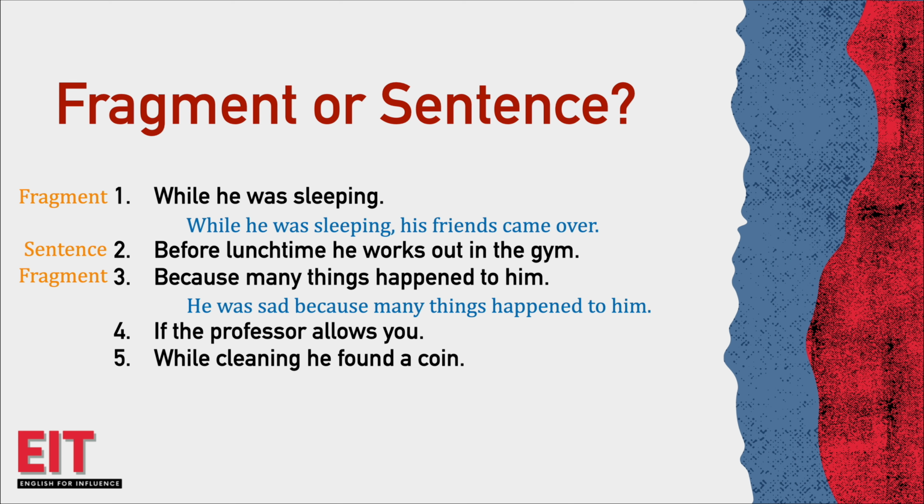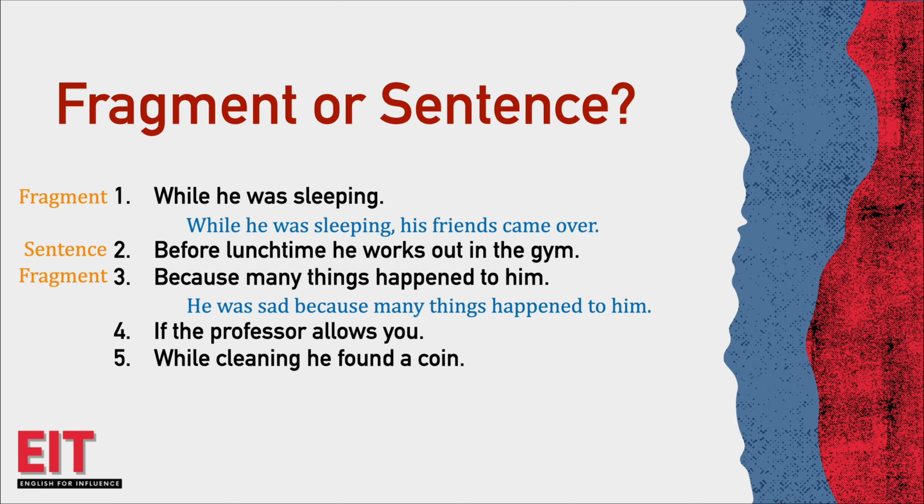Sentence 4, if the professor allows you. Does it have a subject? Yes, the professor. How about a verb? Yes, allows. And a complete thought? Nope. If the professor allows you, so what?